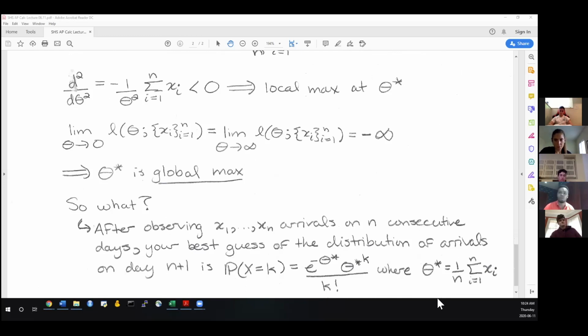So now you're able to make statements about the probability that you see 5 people showing up next day, or the probability that you see 10 people showing up. And it's not a coincidence that the parameter is equal to the average of the arrivals. I can definitely comment on that if people are curious.